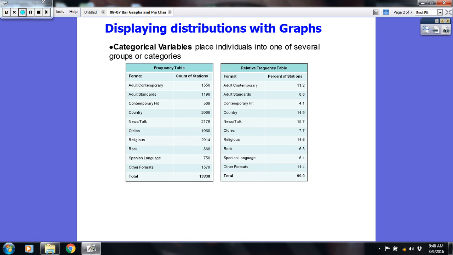Another way that we can look at this is in terms of what's called a relative frequency table, and this is when we break them down into percentages that fall into the different categories. So these two tables that you see are displaying the same information but in different ways in terms of the table format.